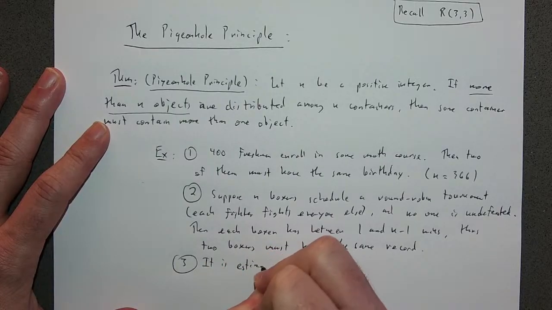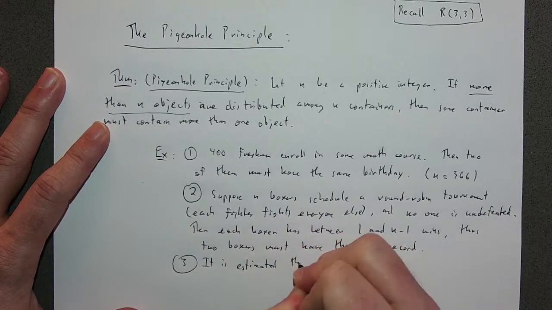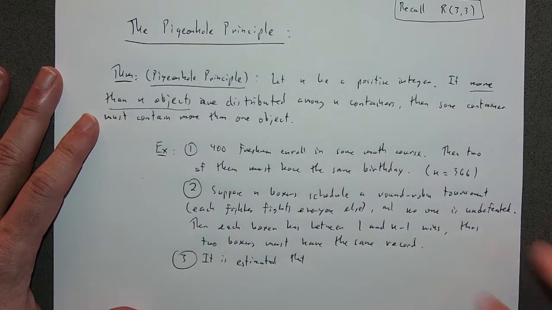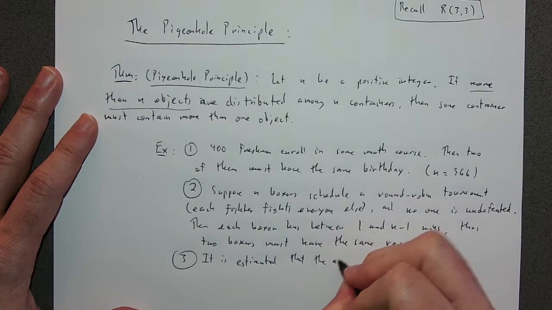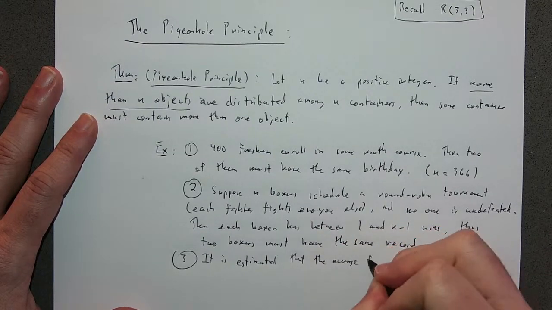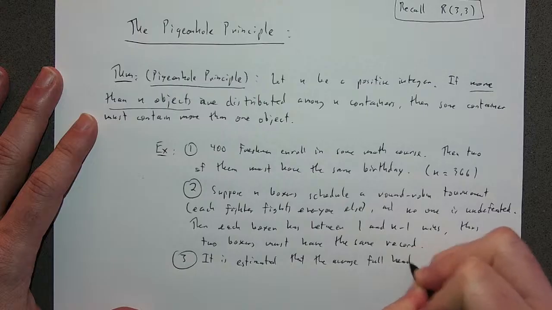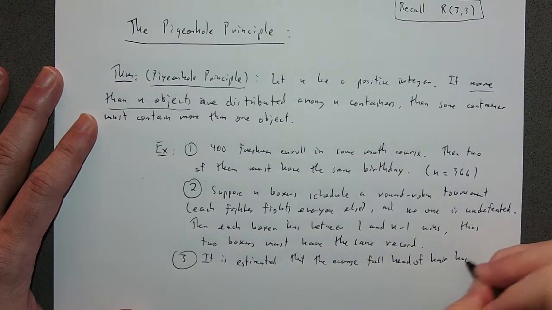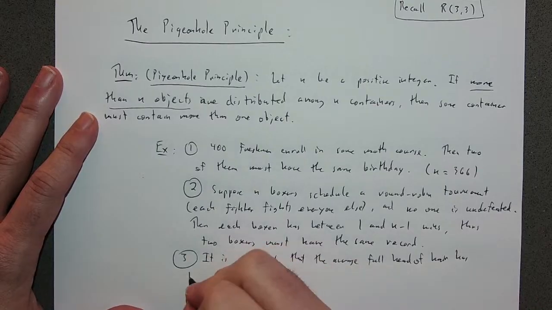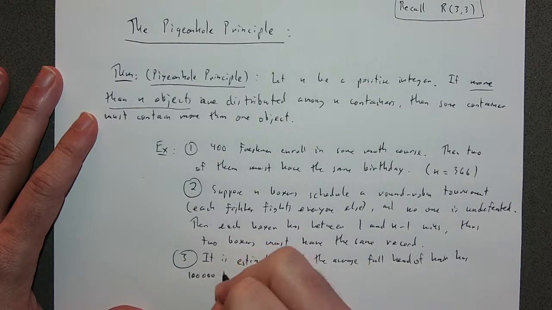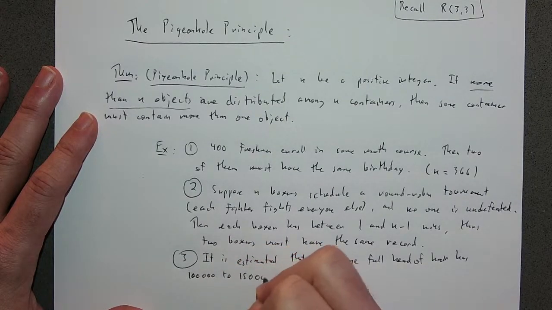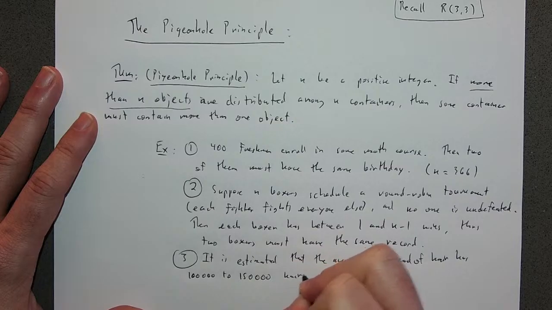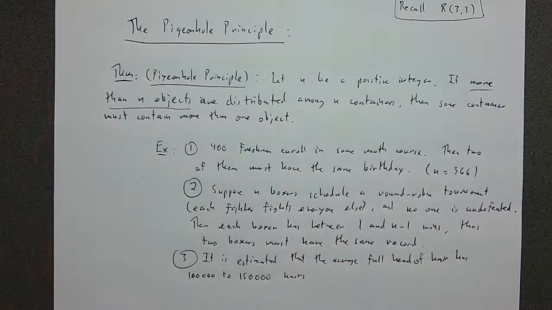It is estimated that the average full head of hair has 100,000 to 150,000 hairs. Okay.